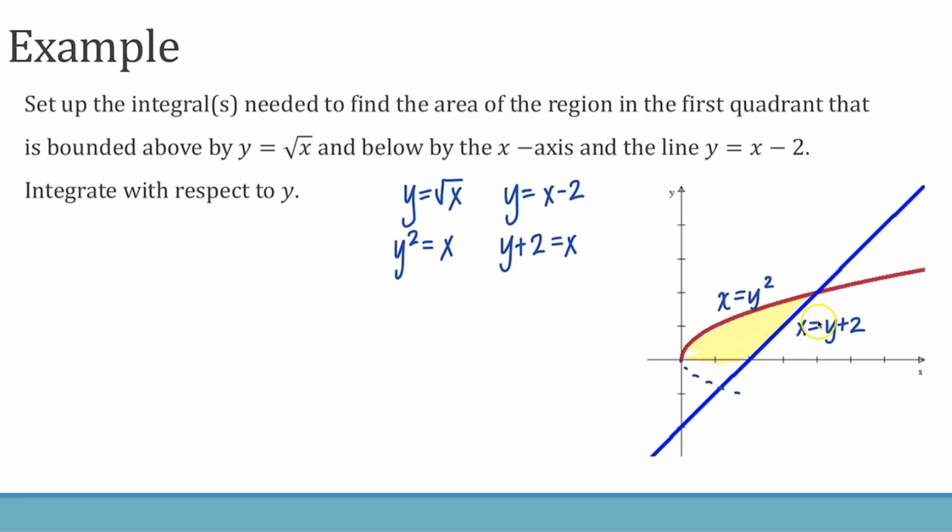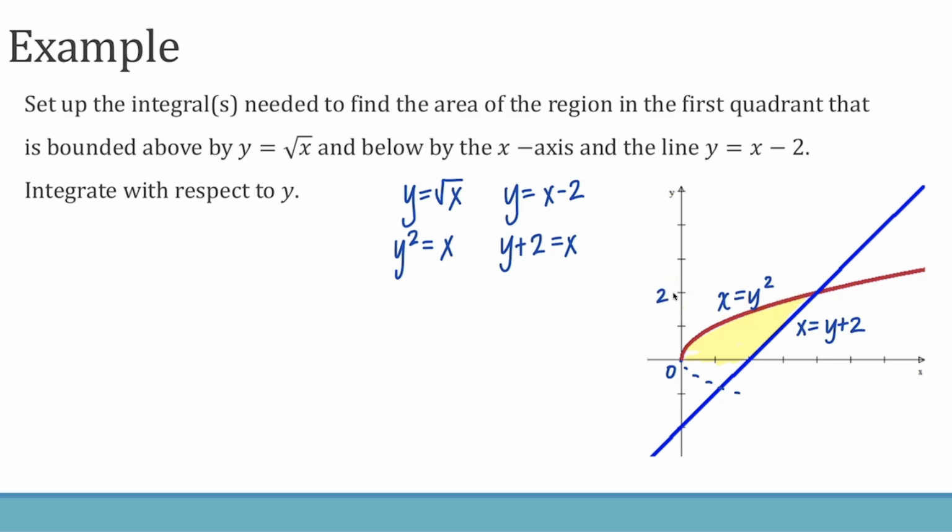So now I have my right function and my left function, but I need my interval to be from the y-axis. Here, the square root function, or x equals y squared, does pass through 0, 0. And then we know that if I plug in 4 into the square root of x, I get out 2.